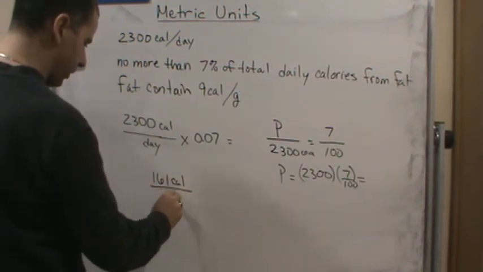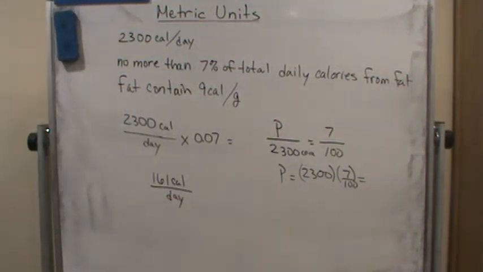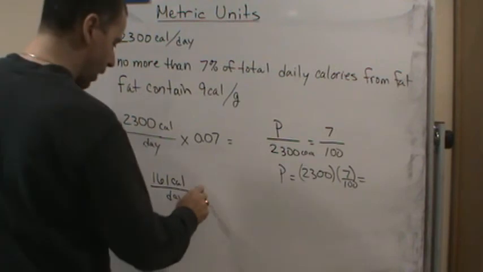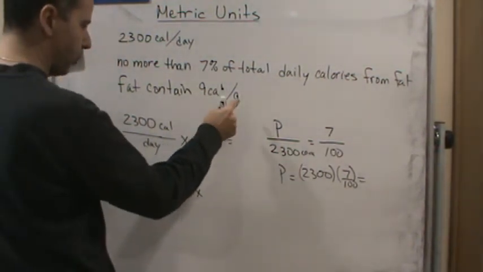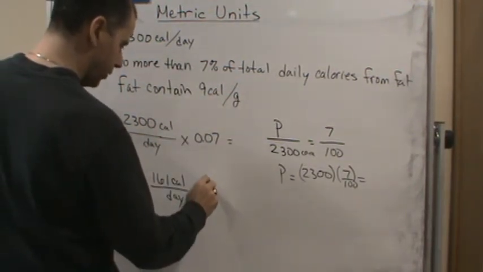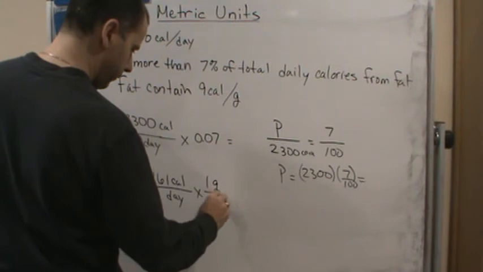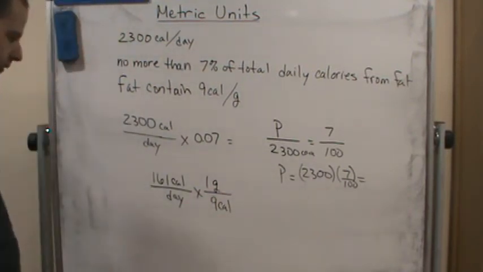So the maximum number of calories per day coming from saturated fat is 161 calories per day. Now we want to transform this into grams, because the question is what is the maximum number of grams of saturated fat that she can take in? So now we're going to use our conversion that says 1 gram is equal to 9 calories. So we're going to say 1 gram for every 9 calories of saturated fat.